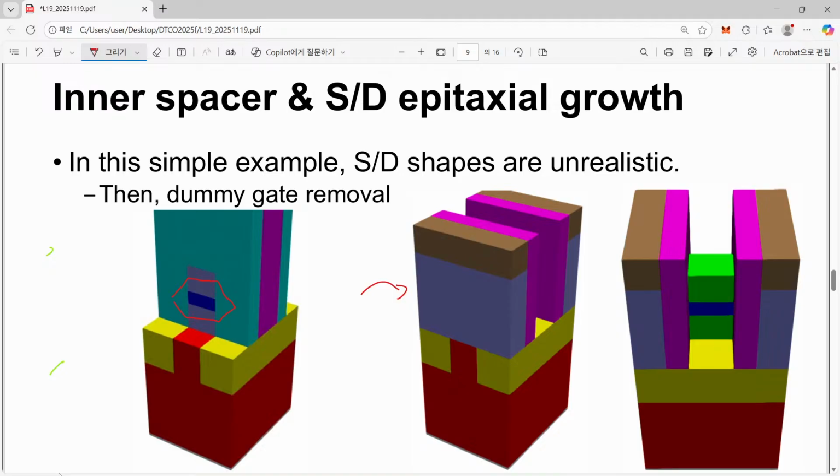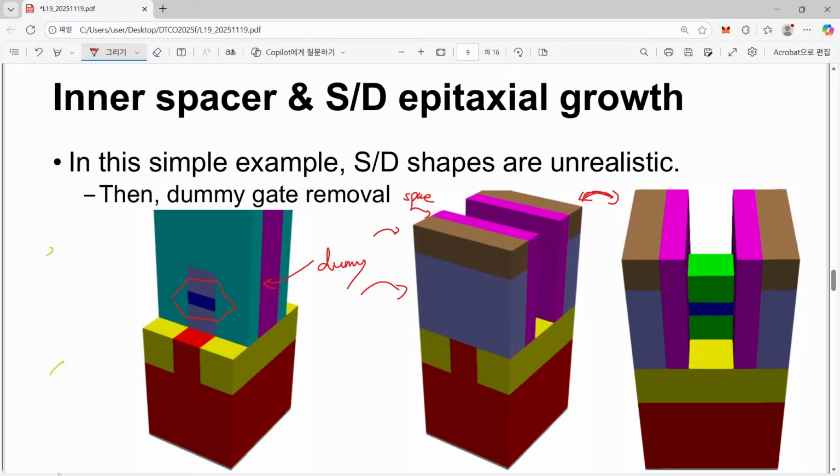And after that, we have this one is a salicide, and another one is, now you can see that colors are changed, but this is still spacer. And now previously we had dummy gate, but this dummy gate is eliminated. They are the same one, I just rotate it to see it.